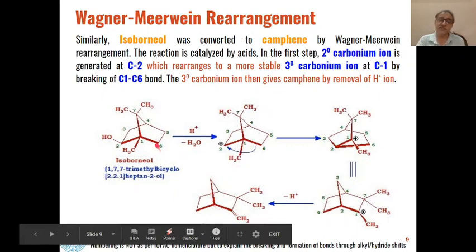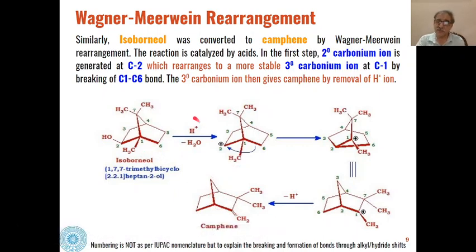So how does the reaction take place? In the first step, when H+ ions are added to any alcohol, we know that it will be protonated, and we will have OH2+ over here. That means this will lose a molecule of water, and a carbocation will be created at this carbon. So this is the structure formed by adding one proton and removal of a water molecule.